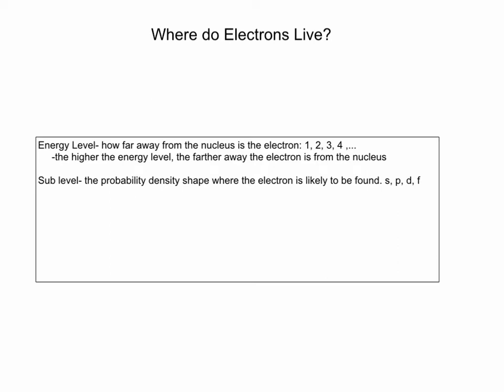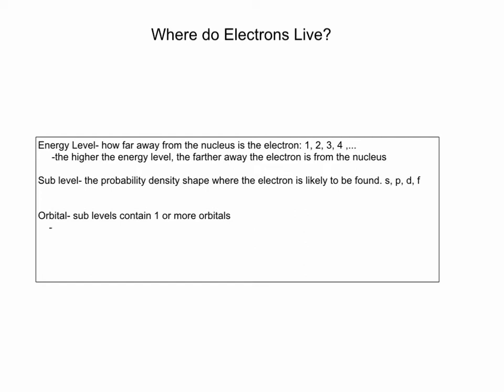We also need to know the orbital in which the electron is located. And each sublevel contains one or more orbitals. So if we have a sublevel that has more than one orbital, we would have to say which orbital that electron is in.